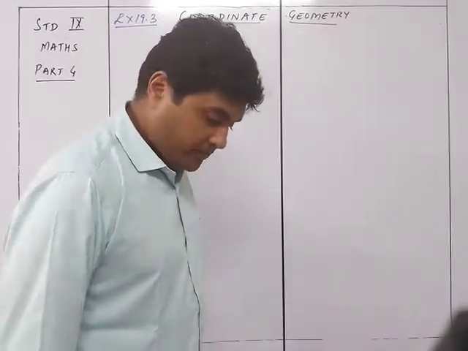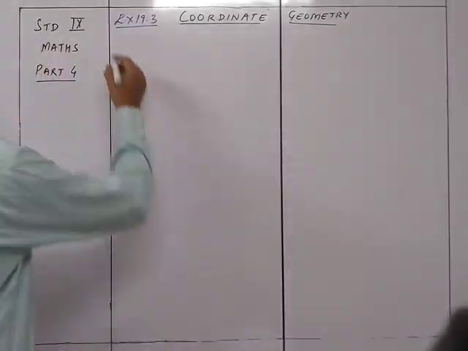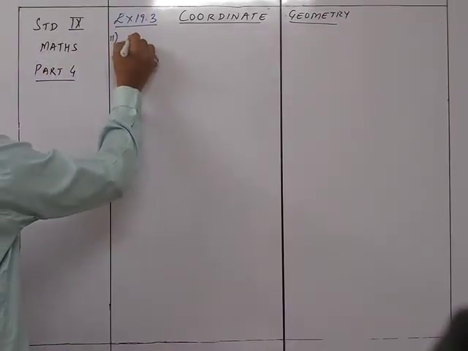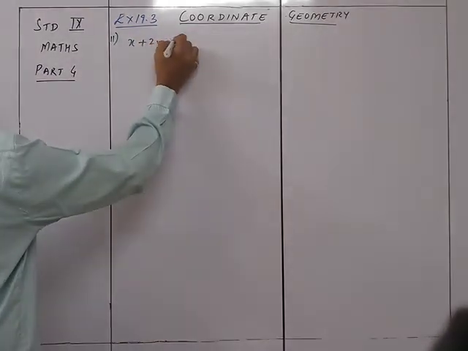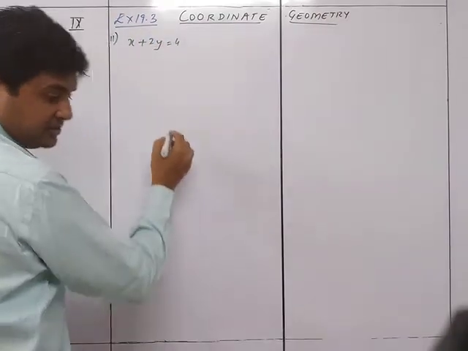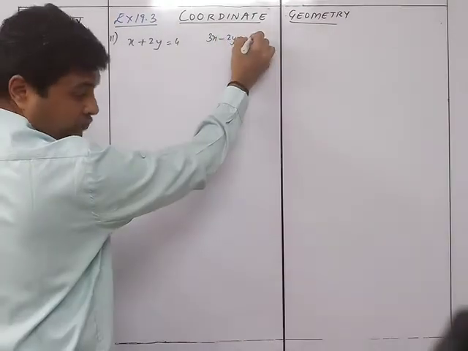Sum number 11. You need to solve graphically the equations. Okay, it's a very simple sum. So it is x plus 2y is equal to 4, and the second equation is 3x minus 2y is equal to 4.